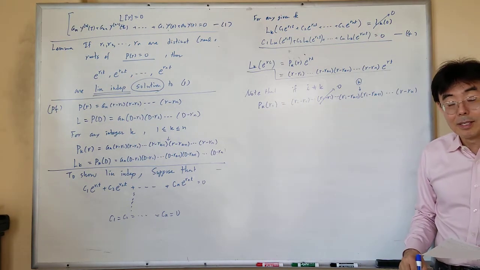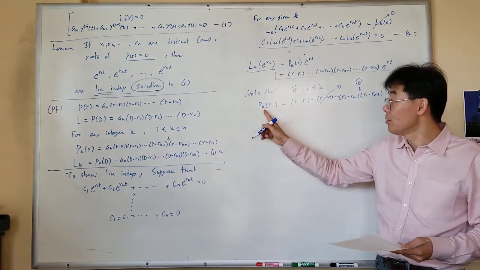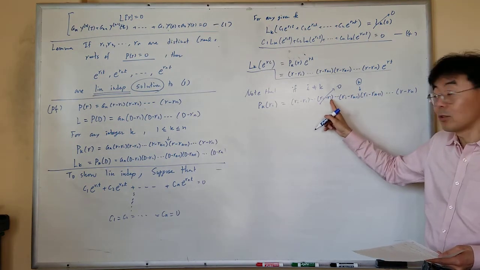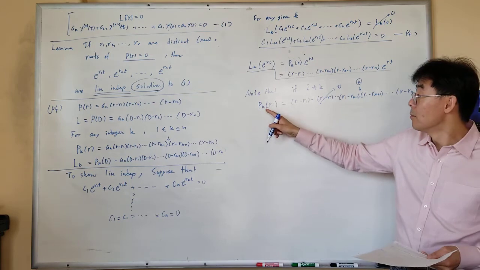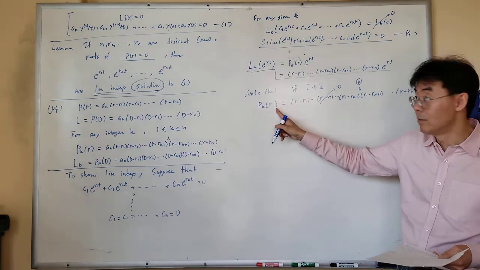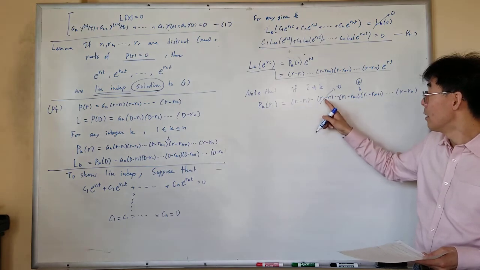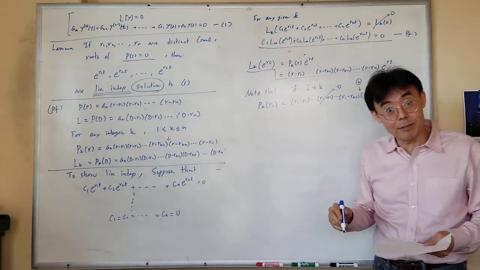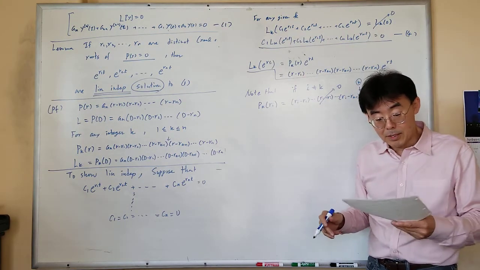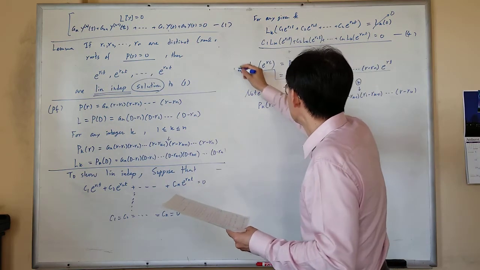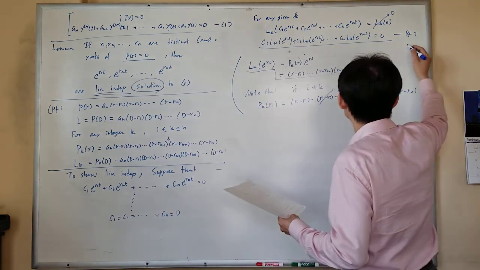So for example, P_3 of r_2 will be 0 because r_2 minus r_2 will show up. P_10 of r_5, well, r_5 minus r_5 shows up before you get to the missing 10th factor. Alright? So this is the case.